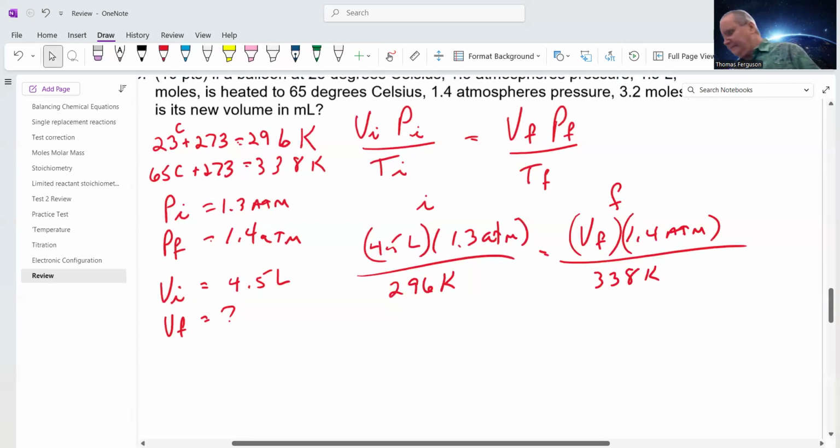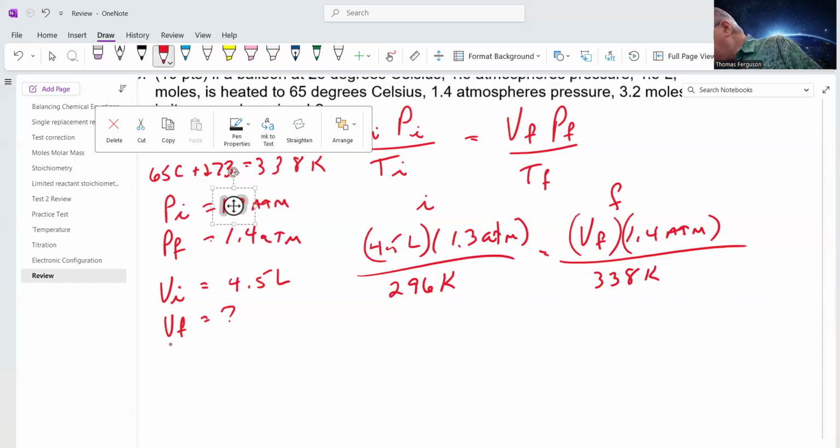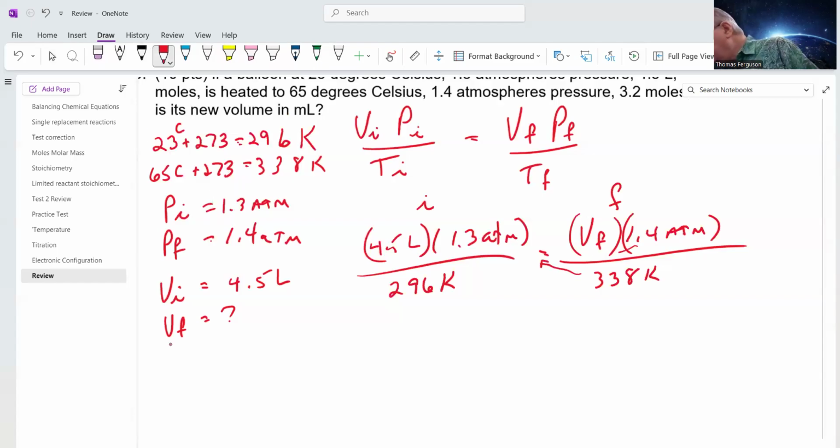Cross multiply. So that's, okay, this goes there, and this goes there. So we have 296 K, 1.4 atmosphere.